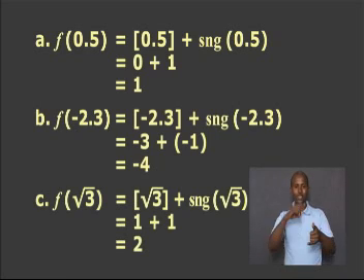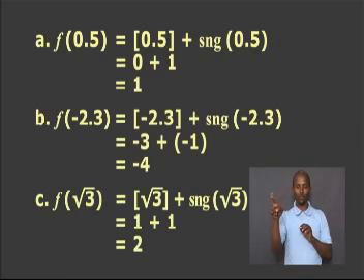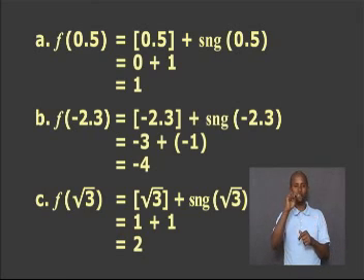Now for the last function. The floor function of the square root of 3 equals 1, and the signum function of the square root of 3 equals 1. 1 plus 1 equals 2. I am sure that you had no trouble finding the correct answers to these questions.